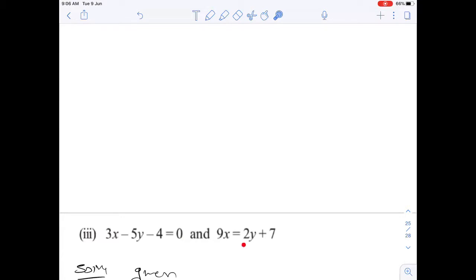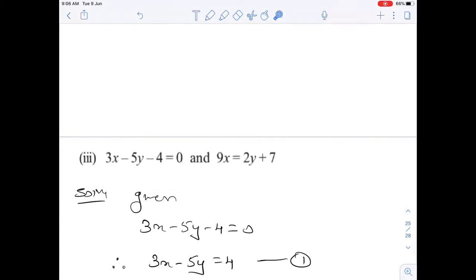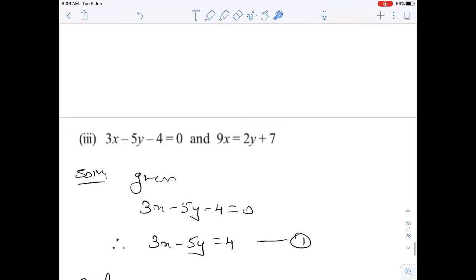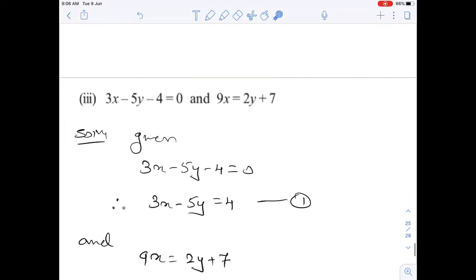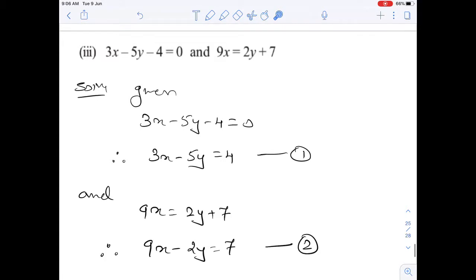Similarly, 2y is present on the RHS, we will bring it to the left hand side. First we had 3x minus 5y minus 4 equals 0. If you change the side of this 4, it will become plus 4, so 3x minus 5y equals 4. This is our equation number 1. The second one is 9x equals 2y plus 7. We will bring this 2y to the left hand side, so you will get 9x minus 2y equals 7.